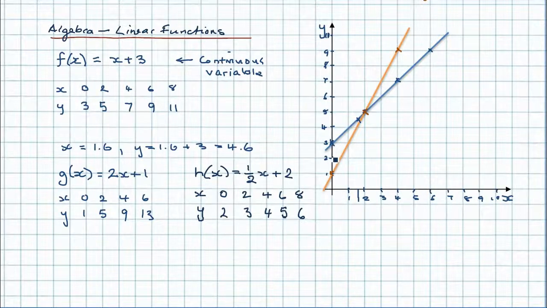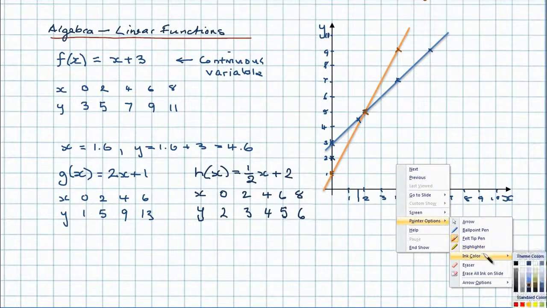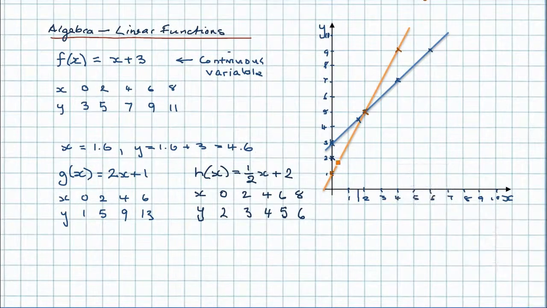When x is 0, y is 2. Let's change the ink color again. Okay, there we go. When x is 2, y equals 3. Okay. When x is 4, y equals 4.